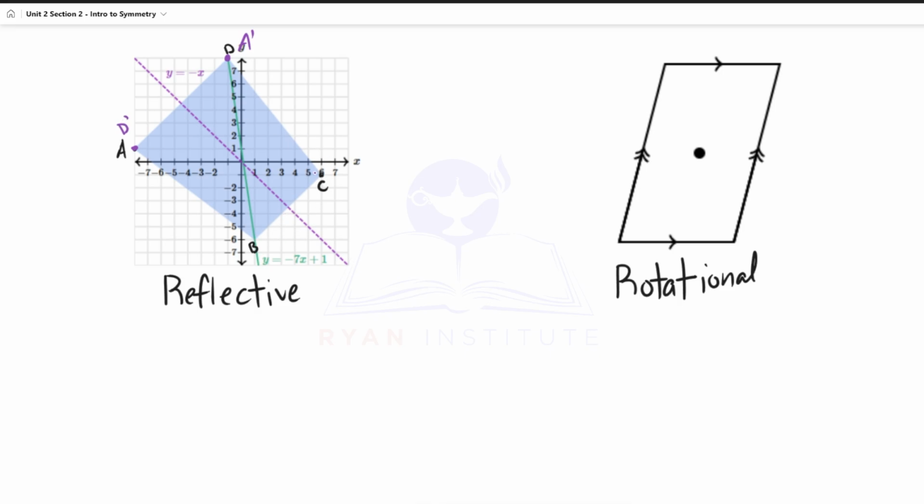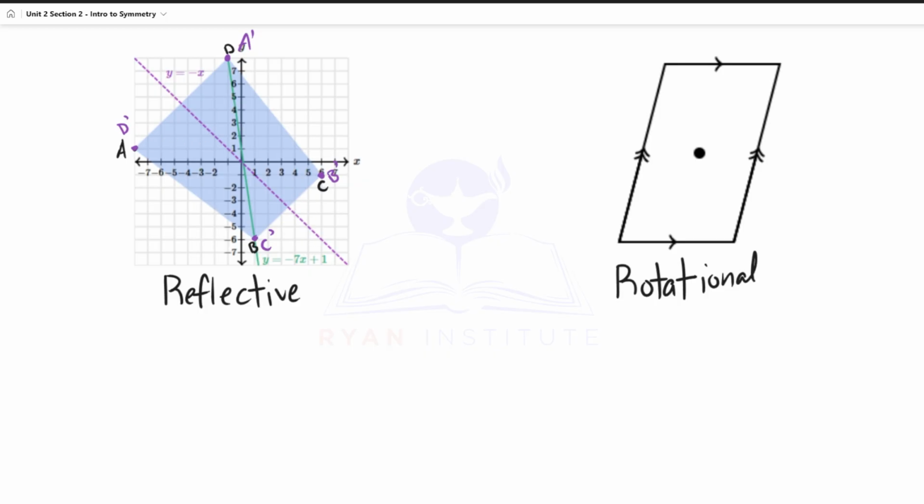And then we look at B and C. We see that B has 1, 2, about 2.5. And it's the same thing for C. So these are also switching positions. B prime, C prime.